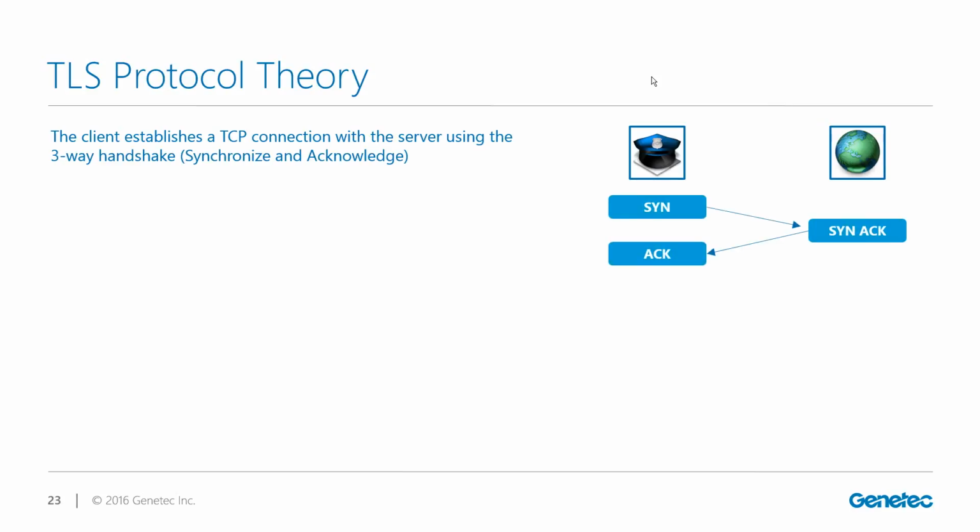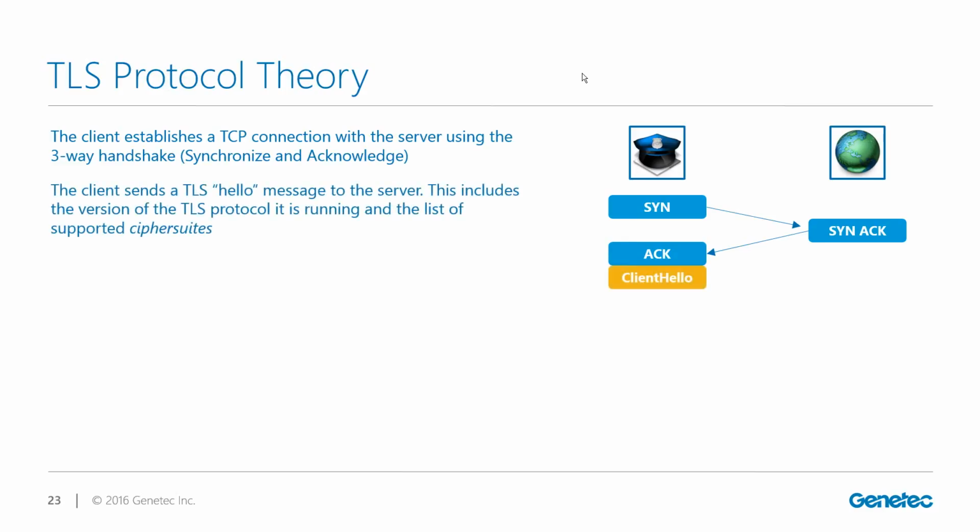The client sends the synchronize, the directory acknowledges that and sends a synchronize-acknowledge back, which the client receives. And then the client will send a TLS hello message to the server. This includes the version of the TLS protocol it's running and a list of supported cipher suites that it's capable of using. So it sends that over to the server.